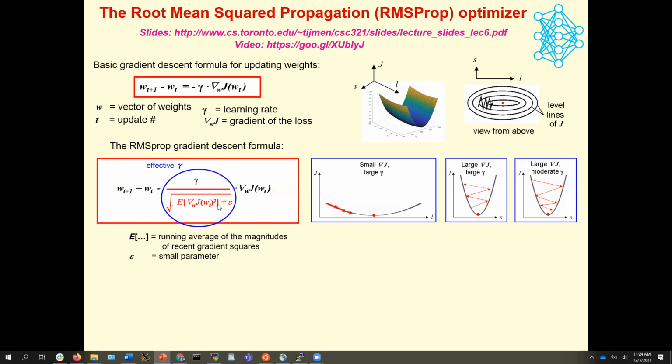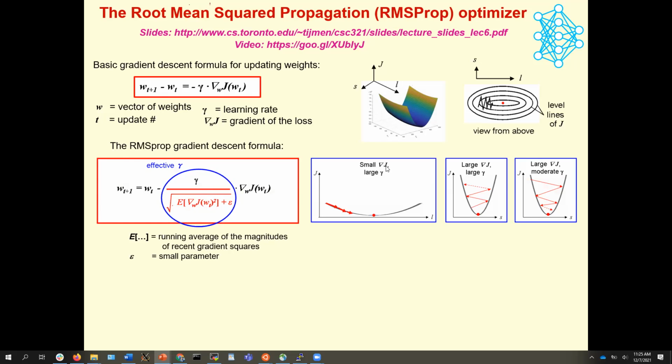What we have in this expression is the square root of the mean value of the square of the gradient of loss, plus some small parameter, just in case this term is zero, because we don't want to have zero in the denominator. Basically, this expression is roughly proportional to the gradient of loss.